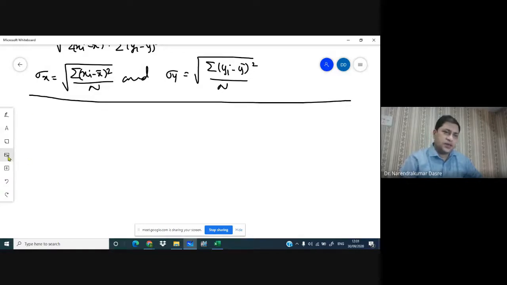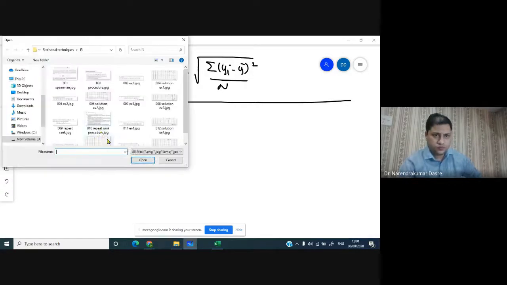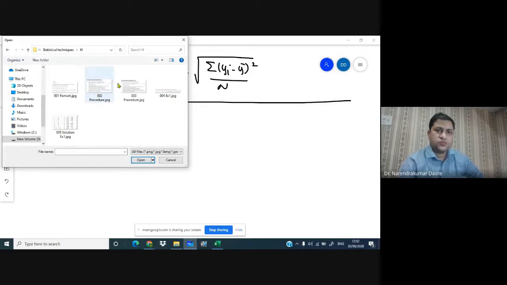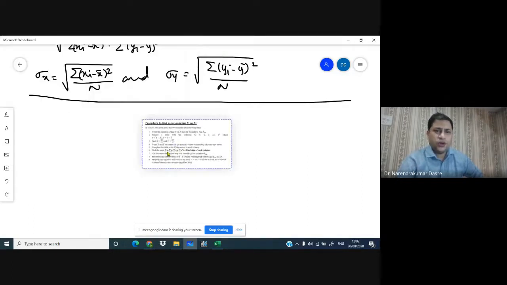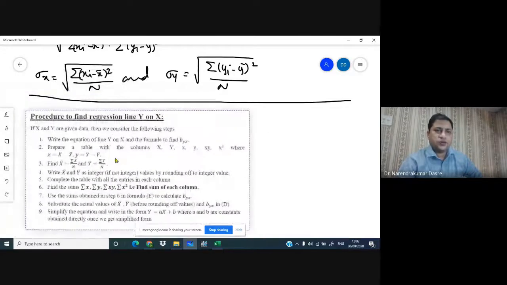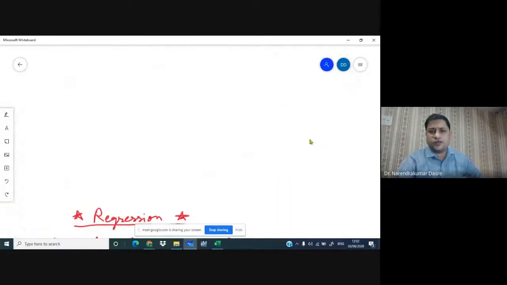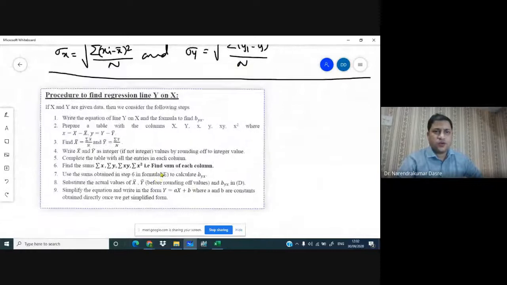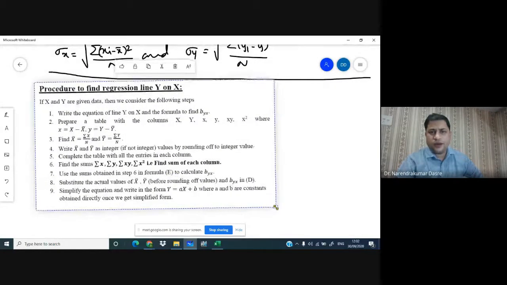So before that, we'll try to understand the procedure, what we have to do, and how we are able to do it. So this is a procedure to find the line of regression of y on x.